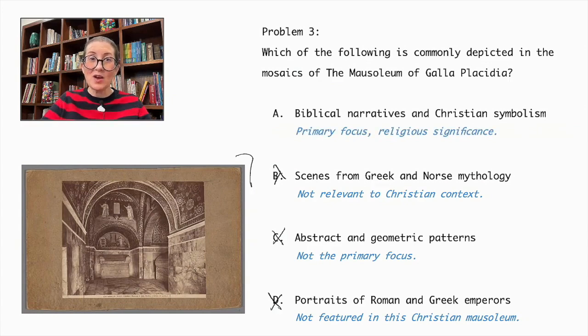Galla Placidia was a devout Christian and had a major impact on early Christian art and architecture in ancient Rome. As such, her mausoleum prominently features scenes from the Bible and Christian symbols, reflecting her belief system and the significance of the site. Therefore, A is the correct answer.